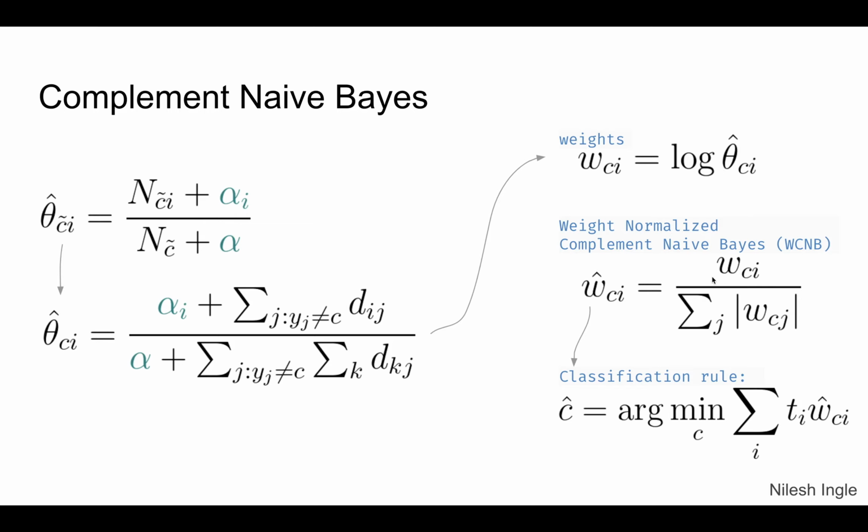So this is also called the weighted normalized complement naive Bayes, and then this is used to calculate the values for classification. So in here we are looking at the minimum values for classifying the data point to a particular class.